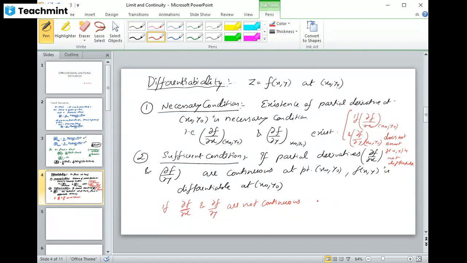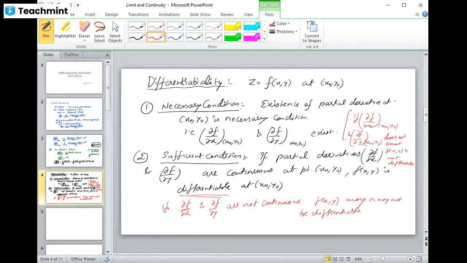So it means that your function f of x y may or may not be differentiable. Basically we have two conditions. If the partial derivative does not exist, your function is not differentiable. If the partial derivatives exist and are continuous, then your function is differentiable. But if the partial derivatives exist but are not continuous, your function may or may not be differentiable.